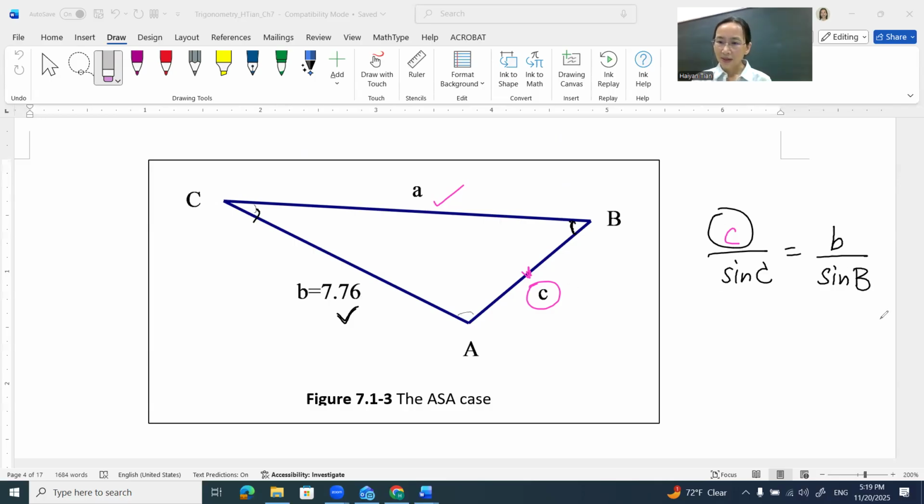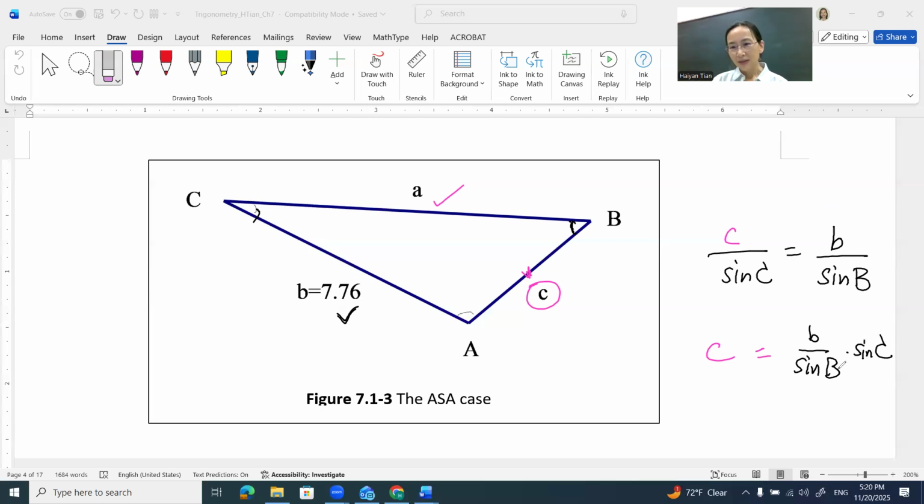So this is an equation to find c. Now how do we find c? Let's multiply both sides of the equation by sine capital C. Then the left-hand side will become c, and the right-hand side will become this.